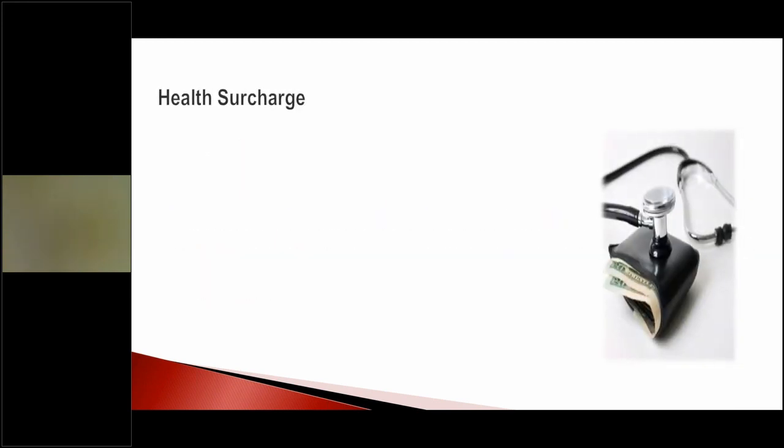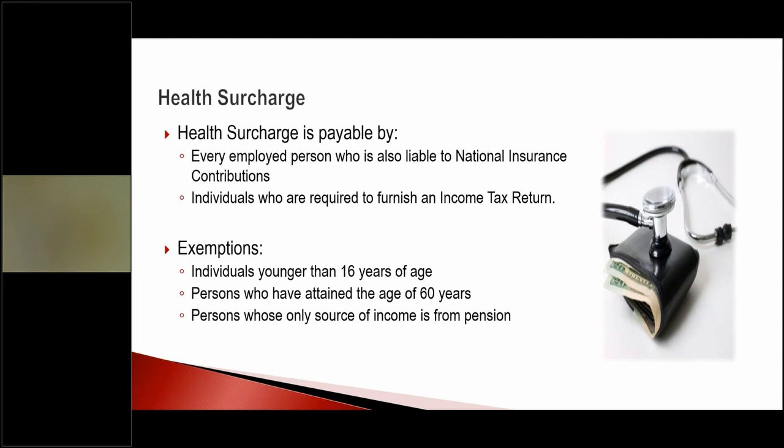So let's deal with health surcharge. This has been on our mind for a little bit, and we've been talking about it, so let's deal with it. Health surcharge is payable by every employed person who is also liable for national insurance contribution. Individuals who are required to pay health surcharge must furnish an income tax return.